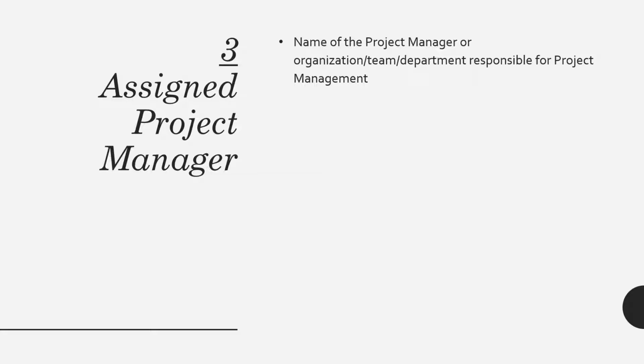So the project charter clearly either has your name or the name of your department or your organization or your team, and that is what basically authorizing a project manager means. So when we say that the project charter authorizes a project manager, we are talking about this section of the project charter which talks about the assigned project manager.